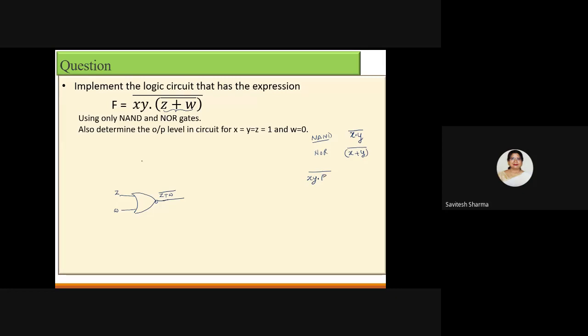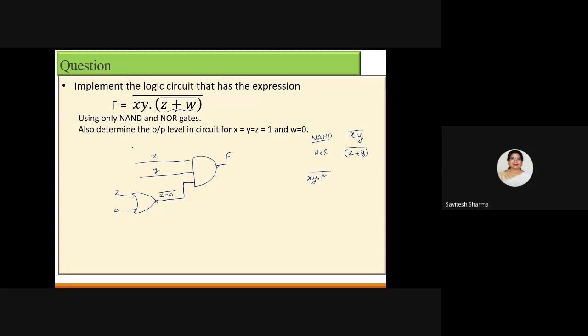So you can take X, you can take Y, and actually it is a 3-input NAND gate operation. X, Y, and P. So this is your final output F. This is the circuit implementation. Here the constraint is given that you can only use NAND and NOR gates, so based on the NAND and NOR operations, I am implementing the logic circuit.